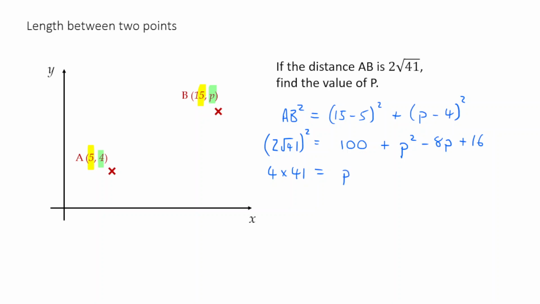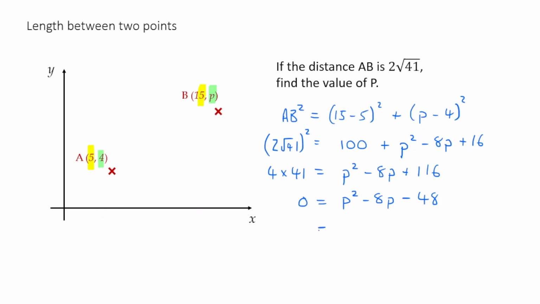And that's going to give us on the right-hand side P squared minus 8P plus 116. Now, 4 times 41 is 164. And if I subtract that from both sides, I'm going to get P squared minus 8P minus 48.